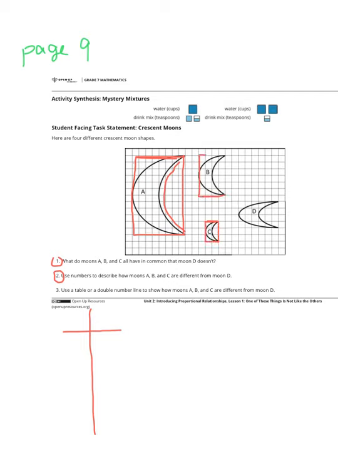So just like that with each of the 4 different moons. And we'll call those the length and the width. So for A, for B, for C, and for D. So pause here, count those boxes for the length and the width for each one of them, and fill in the table.